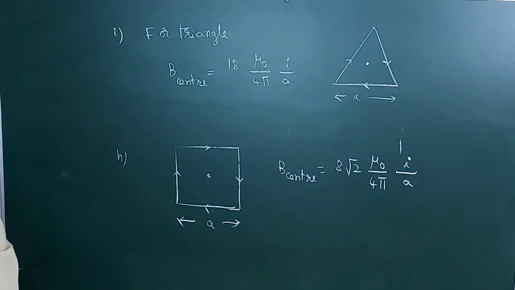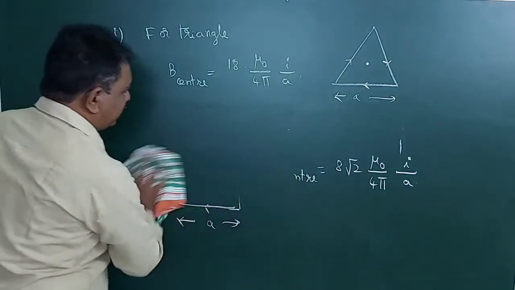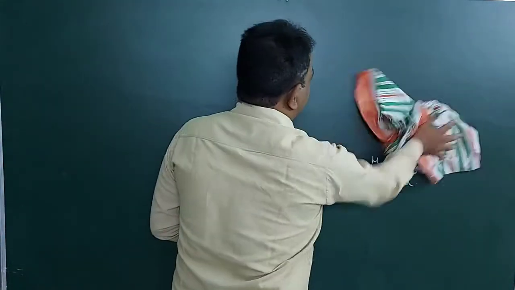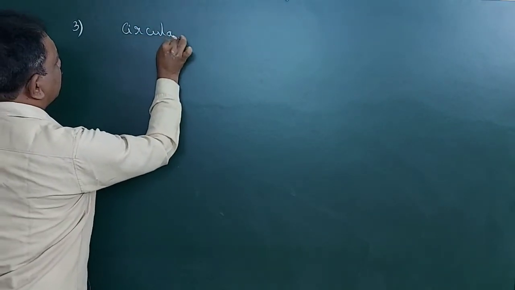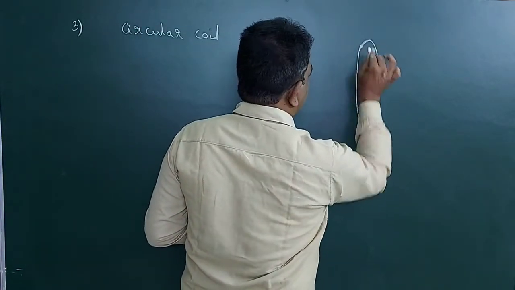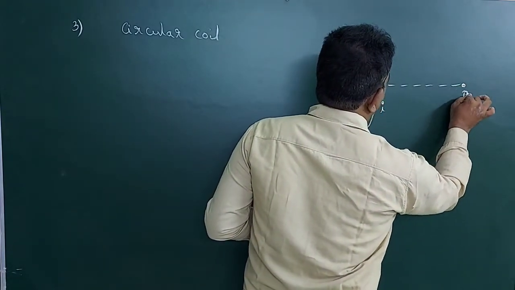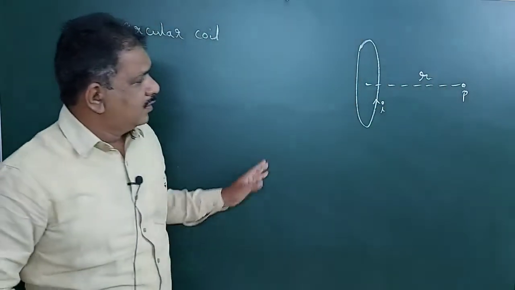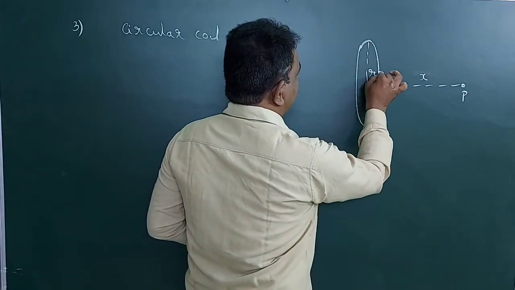Next, some more applications we will do. So these are enough based on Ampere's law. Next, circular coil, the third one. Here there is a circular coil carrying current I. P is a point at a distance x from the center, radius let it be r.